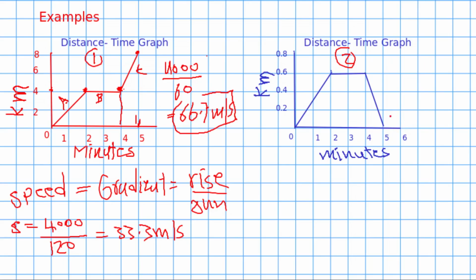Going to distance time graph 2, let us delete this to save some space. Here also, let us name these sections A, B, C. This is our straight line which represents the motion of the object during the first 2 minutes.